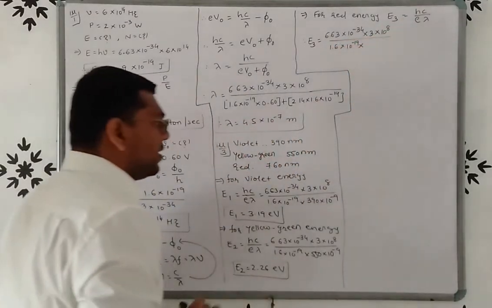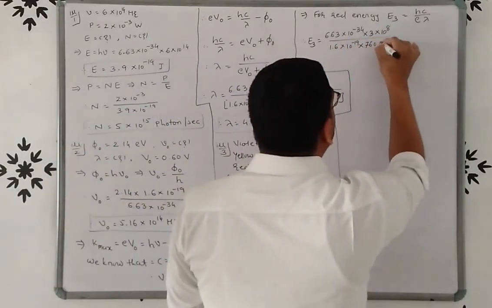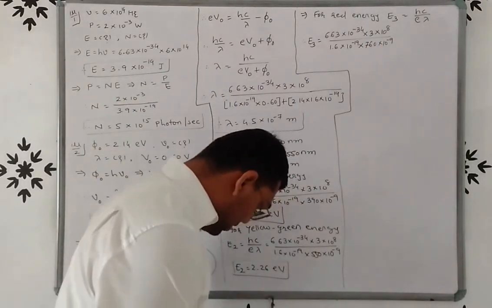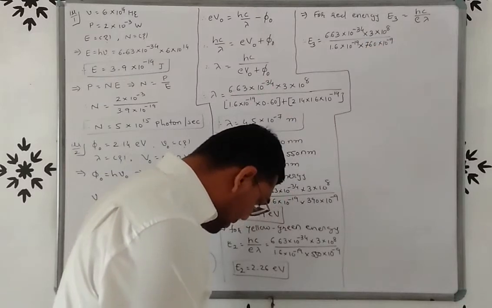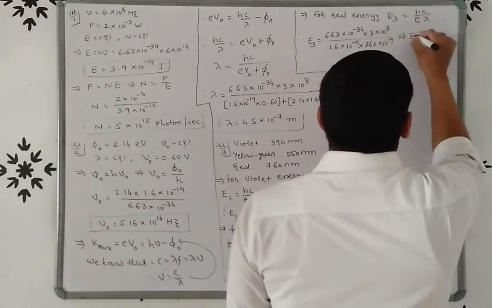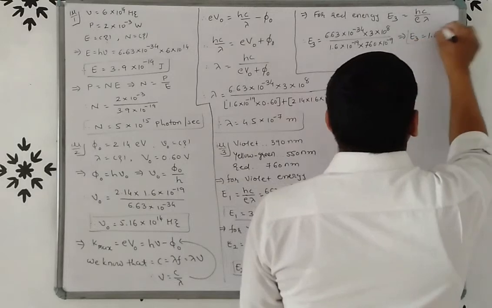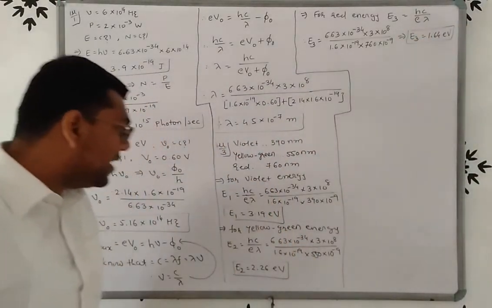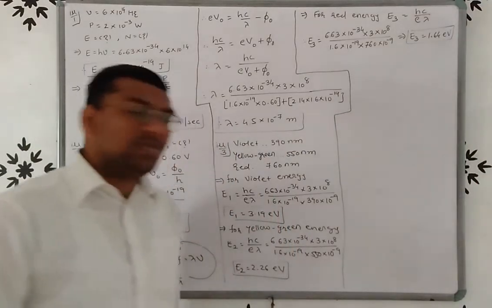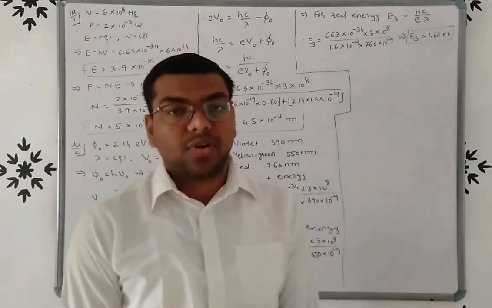And wavelength for red color is 760 nanometer, so 760 into 10 raised to minus 9. So you will get energy for red color 1.64 electron volt. So E3 is equal to 1.64 eV. So friends, for violet color we get energy 3.19 eV, for yellow green, energy 2.26 electron volt, and for red color we get energy 1.64 electron volt.